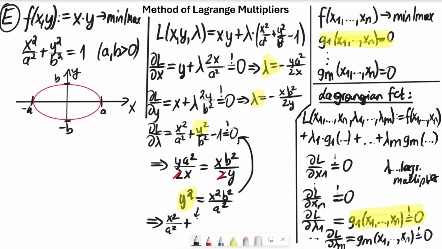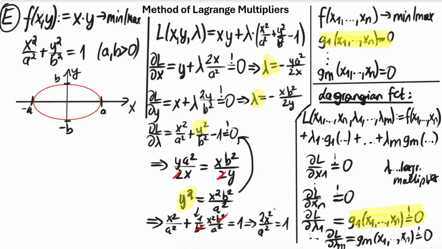So I have 1 over b squared to the front. x squared b squared divided by a squared is equal to 1. So I again move the 1 to the right side. So what cancels out is the b squared here, and the whole equation simplifies to 2 times x squared over a squared is equal to 1.